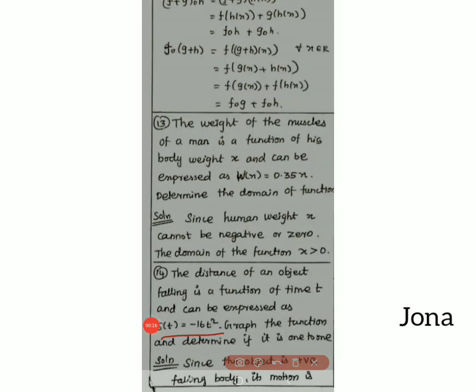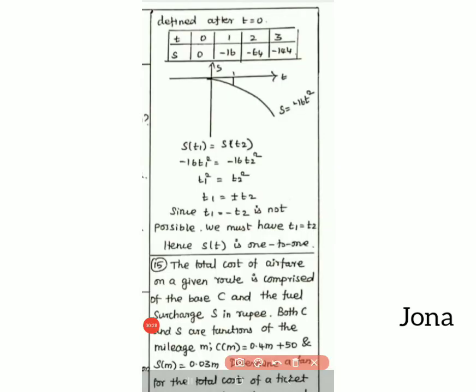Here the object is a falling body. Its motion is defined after t equal to 0. After falling down it will be calculated. So after t equal to 0 we want to calculate the values.